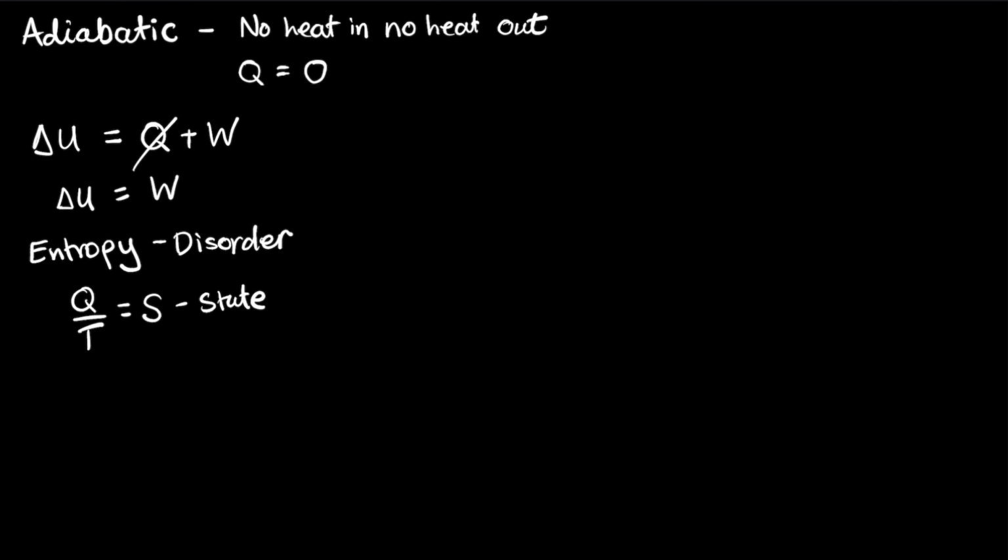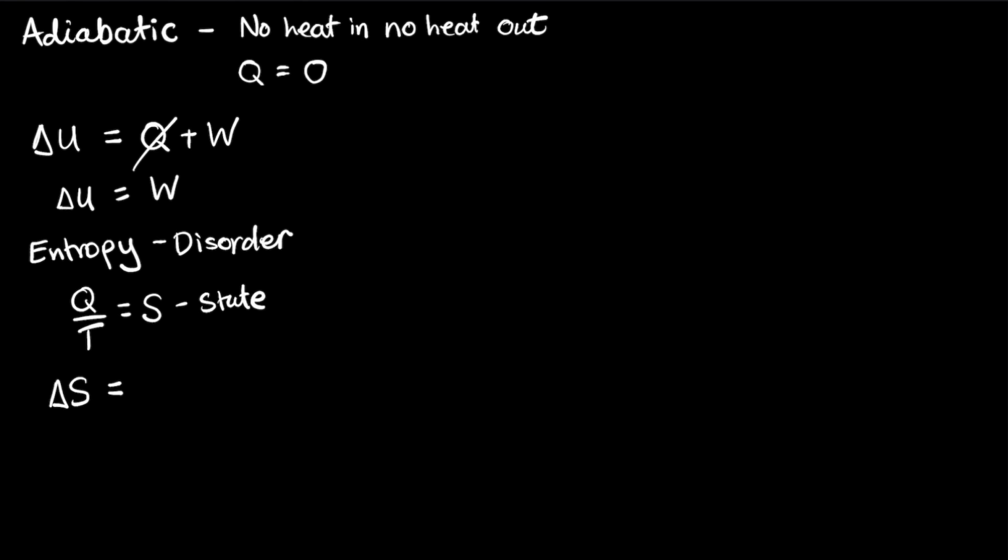It's a slightly weird concept, but basically changes in entropy don't happen when the temperature is changing. And a more mathematical definition for entropy, S, is this. We don't really talk about what the entropy is itself. We more talk about the change in entropy.